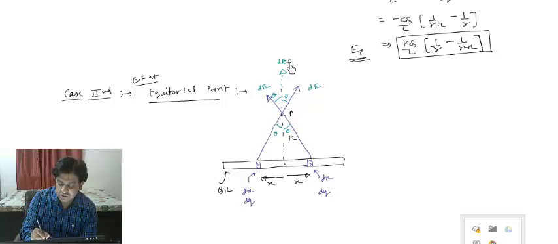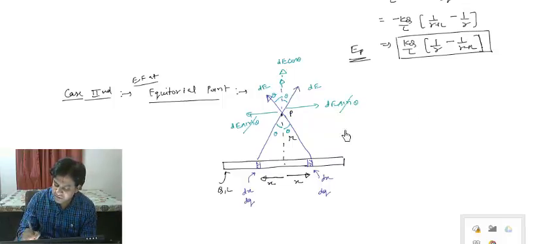So dE cos theta is in this direction, and dE sin theta are in these directions. This dE sin theta will get cancelled by this one, and both dE cos thetas will get added up. We can easily see that the net electric field due to this rod will only be in the upward direction, that is in the y direction, and that will be given by the integration of dE cos theta.